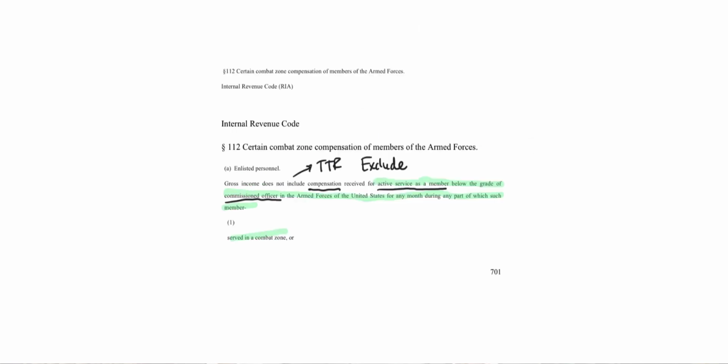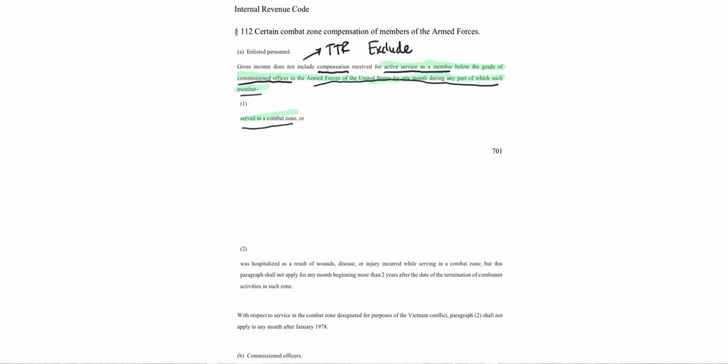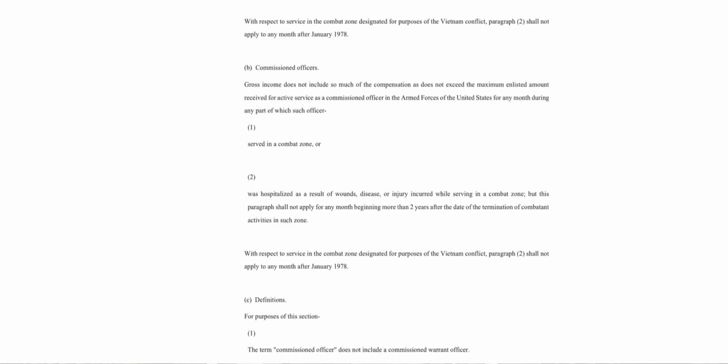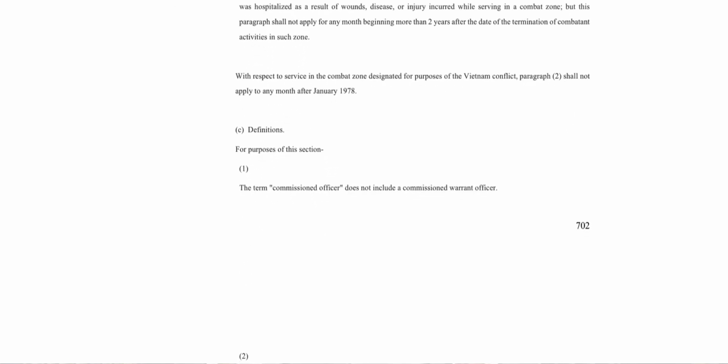We're told in the facts that she's a staff sergeant, so she is not a commissioned officer, and therefore she would qualify. In the armed forces of the United States for any month during any part of which such member served in a combat zone. Okay, so combat zone, or hospitalized. Well, she's not hospitalized. Now, the next thing is to define a combat zone. Okay, they also talk about commissioned officers as well, in case she was a commissioned officer. Definitions.